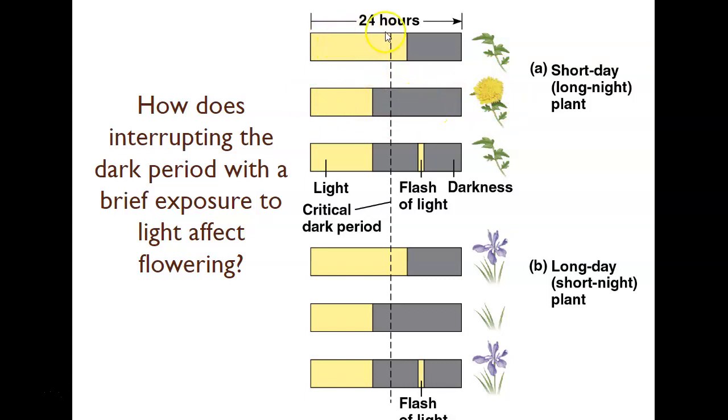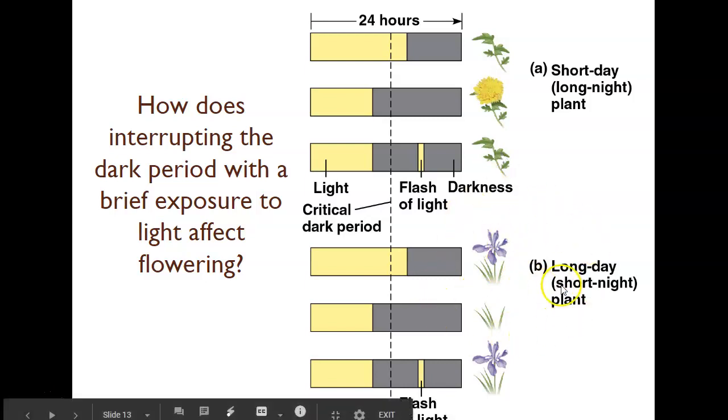If the day is longer than 12 hours, that's where this dotted line is, it will not grow, too long. If the day is short, but then somehow they get a flash of light during that critical nighttime period, it won't grow. So that highlights the fact that the high amount of darkness is actually important.